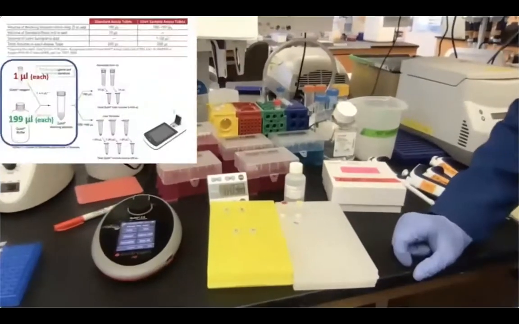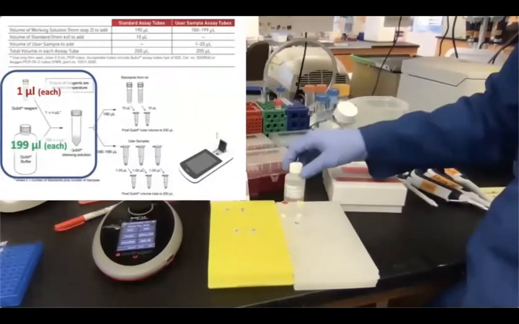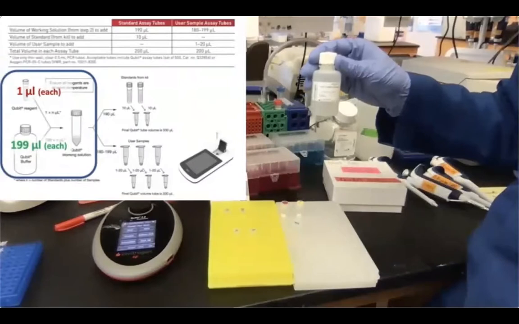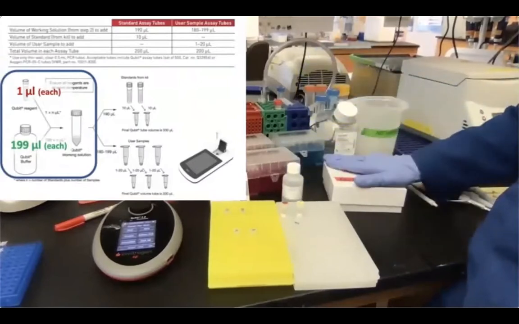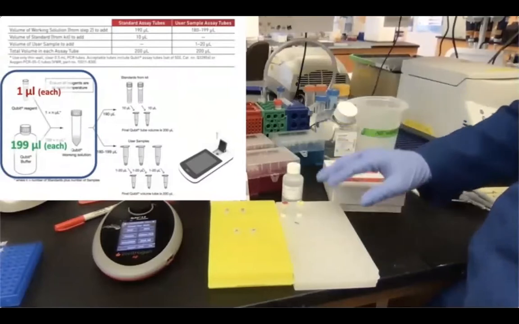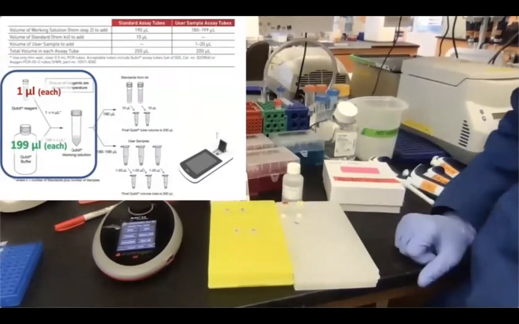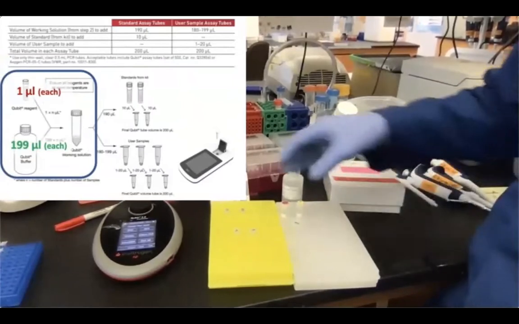For the assay, you prepare a working solution composed of 199 microliters of the double-stranded DNA BR buffer in this case, and 1 microliter of the dye. The sum, as you can see, is 200, and that's exactly the final volume of the assay that we are gonna perform for each of our samples.